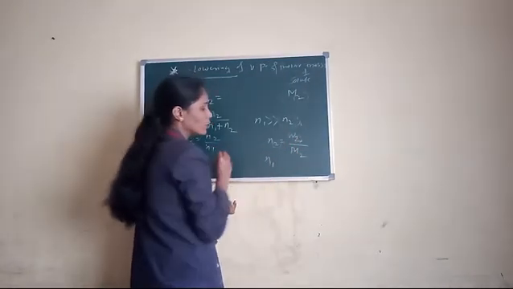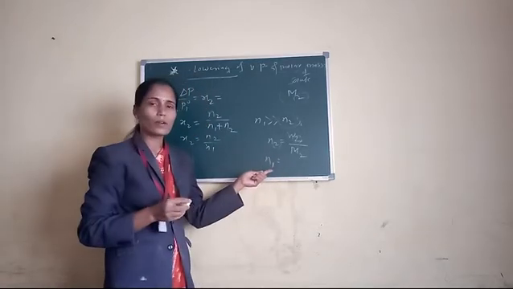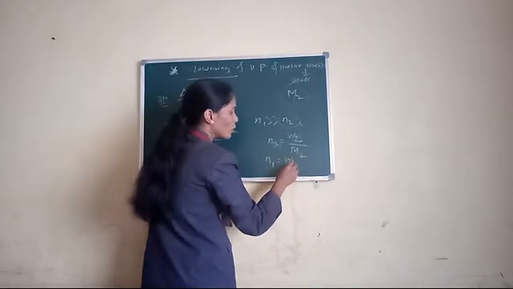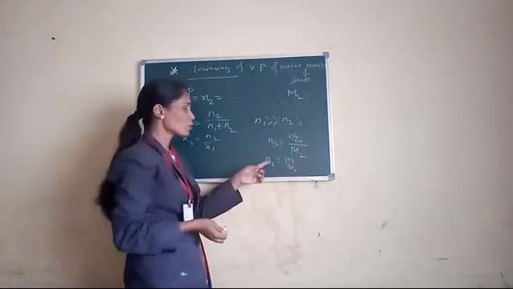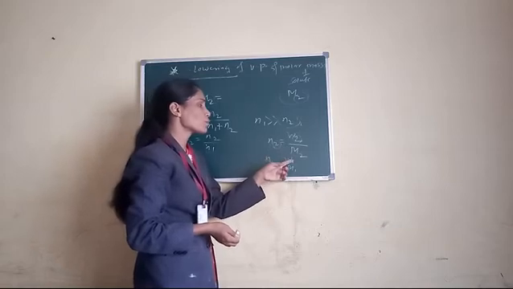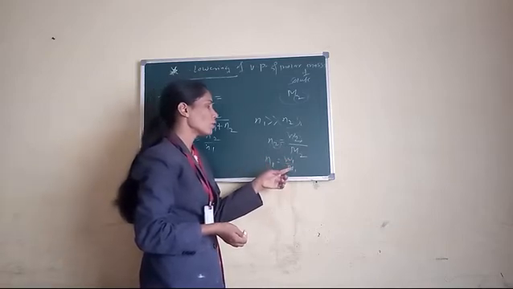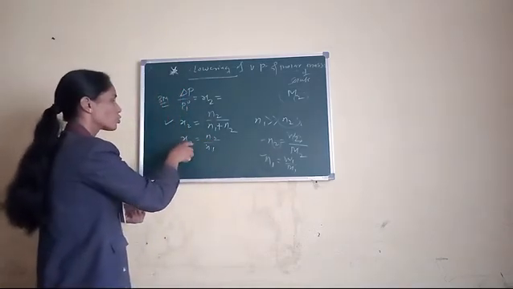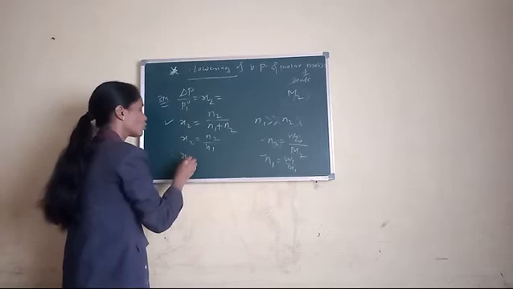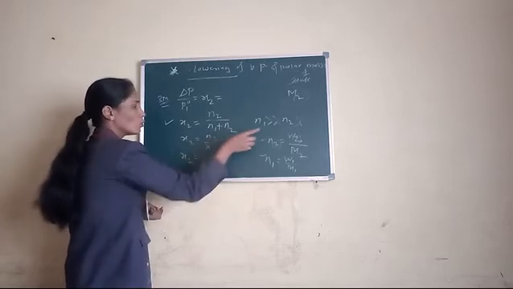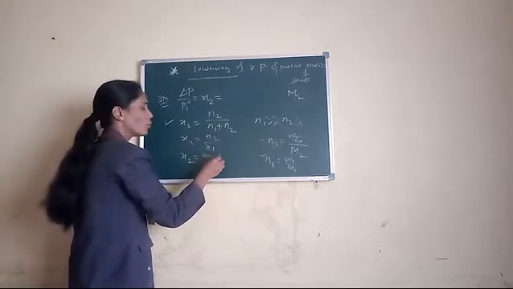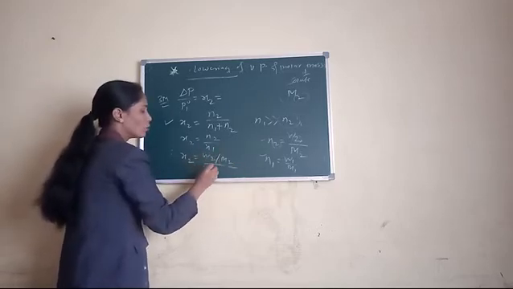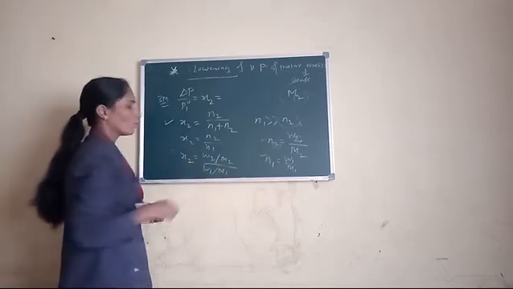If N1 is the moles of solvent, then we get the formula N1 = W1 upon M1, that is, moles of solvent is equal to mass of solvent upon molar mass of solvent. Put this value in equation X2. Therefore X2 is equal to N2 upon N1, that is W2 upon M2 over W1 upon M1.